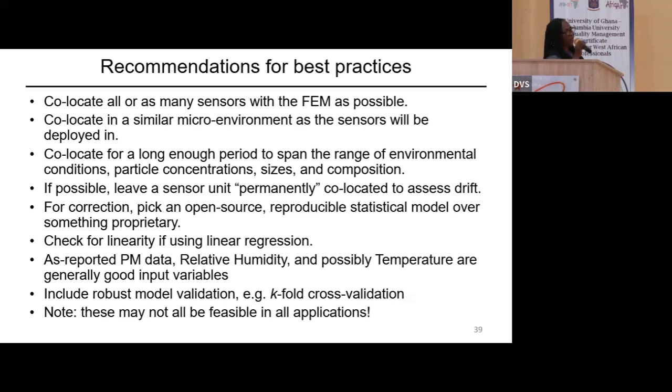As reported, PM data, relative humidity, possibly temperature, like I've mentioned before, those are the input variables that you should use when you're calibrating your local sensor with a reference monitor. Include robust model validation. An example is the k-fold cross validation, which I will mention in the next slide.